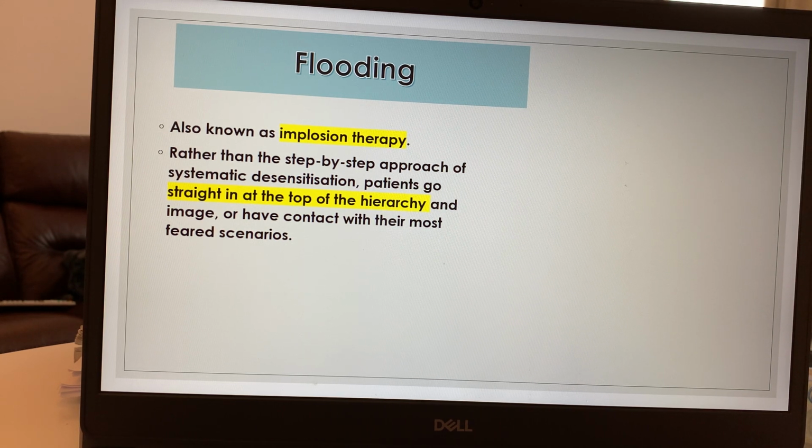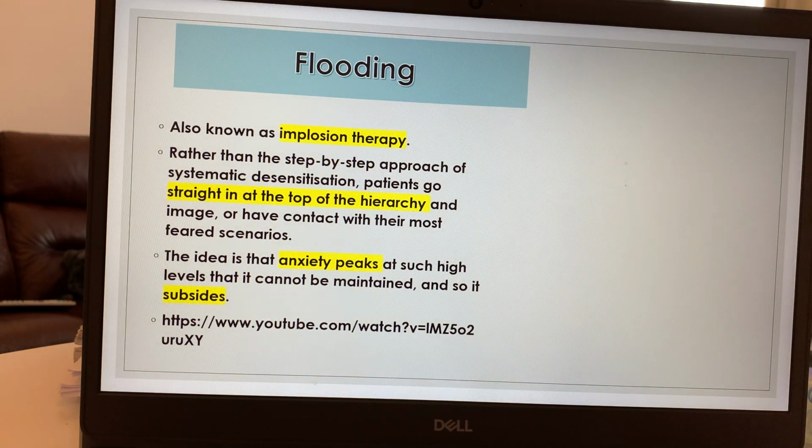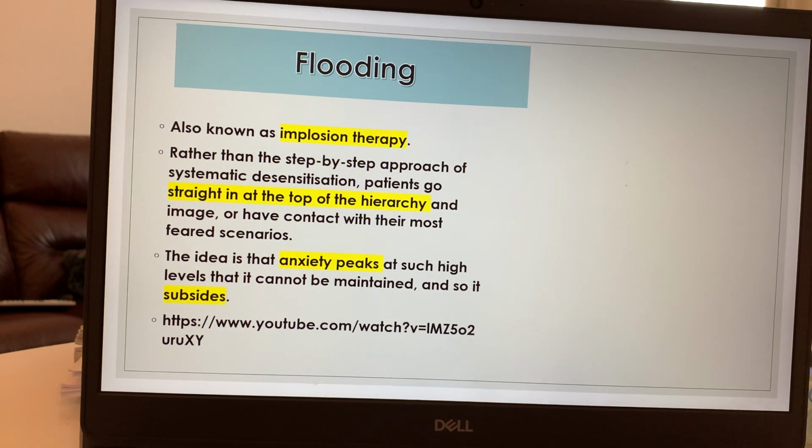They'll do a little bit of image work, but mainly they just have contact with their most feared scenario. There's one, I think the video shows someone who is scared of pools because they almost drowned when they were a child. So I think what they've done is just put them into a pool. And over time, it gradually decreases their anxiety level.